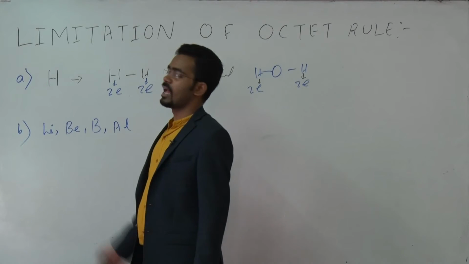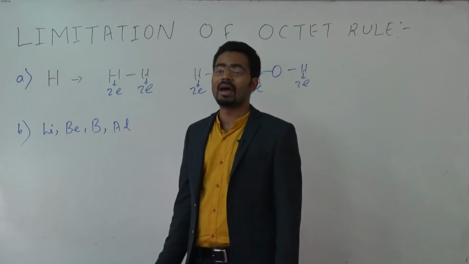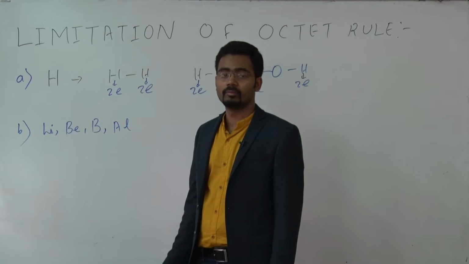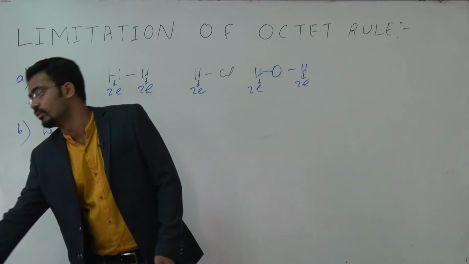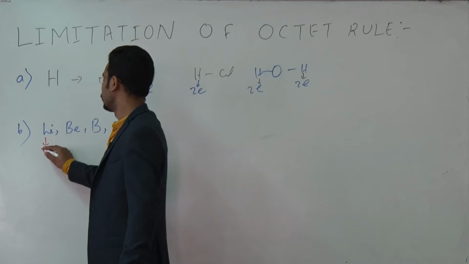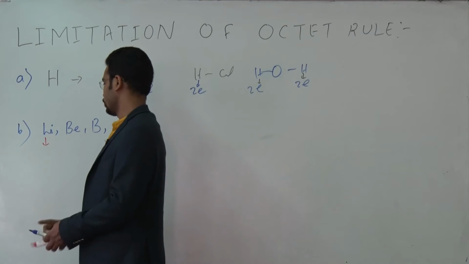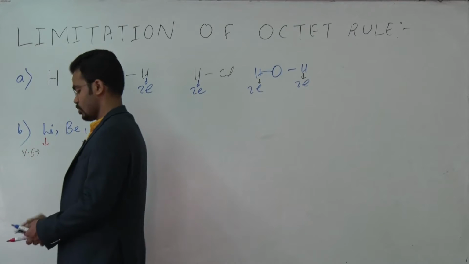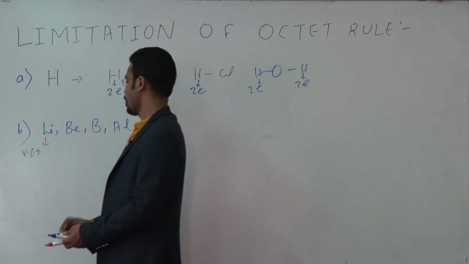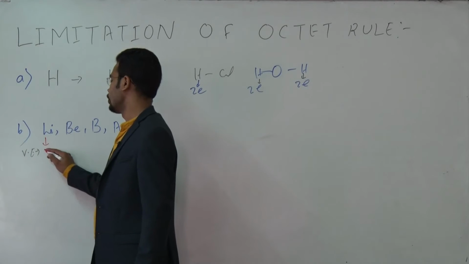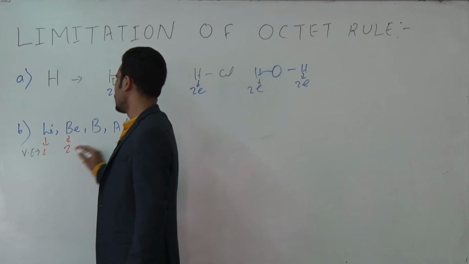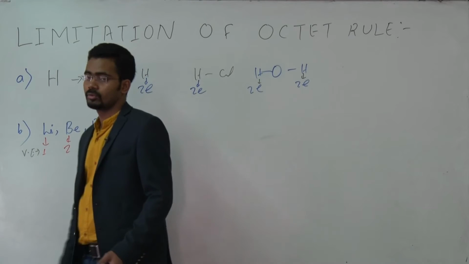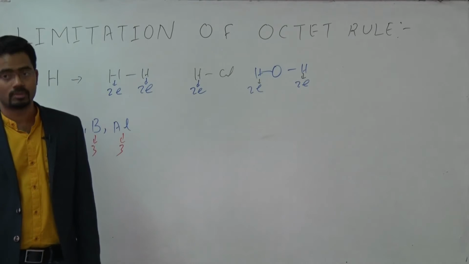All are atoms having valence electrons less than 4. How many valence electrons does each have? The valence electron of lithium is 1, beryllium 2, boron 3, aluminium 3. We are talking about the covalent compound, not the ionic compound.